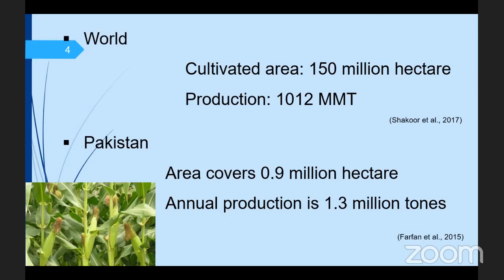According to an estimate, maize is cultivated on around 150 million hectares around the world with production of 1012 MMT, and in Pakistan it covers 0.9 million hectares with annual production of 1.3 million tons.